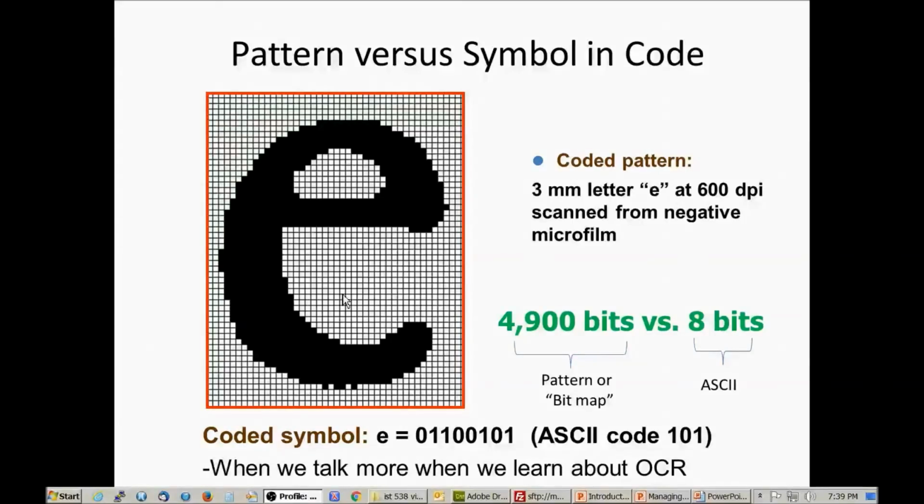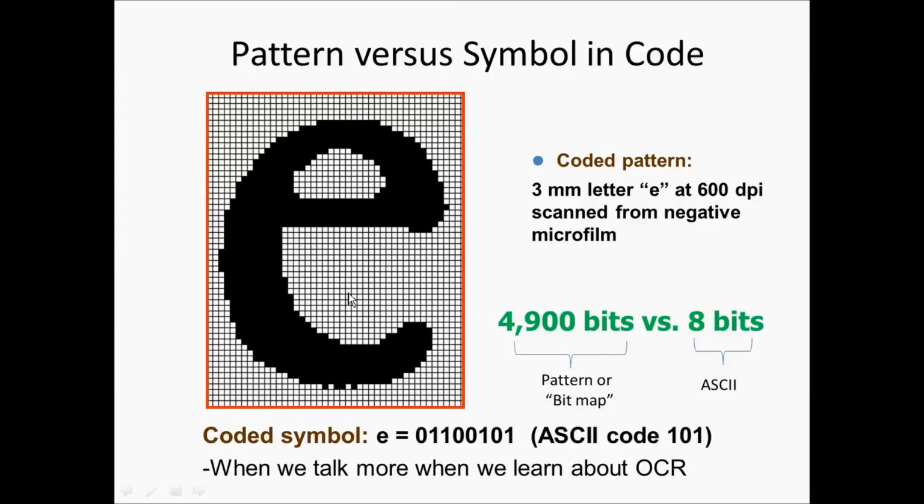All right, I have this slide basically to show the difference between a scanned image versus what we might consider an ASCII encoded visual object.